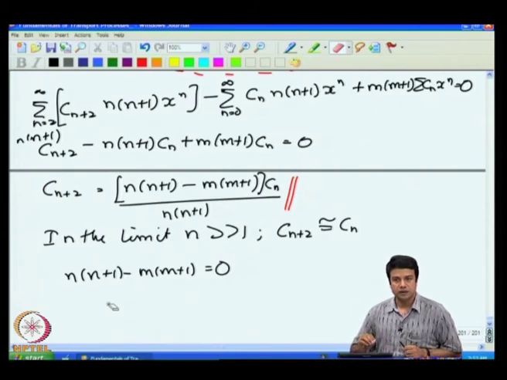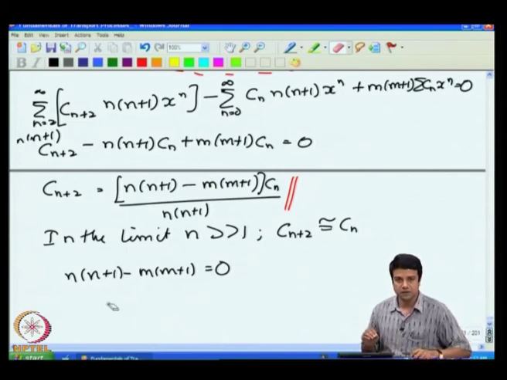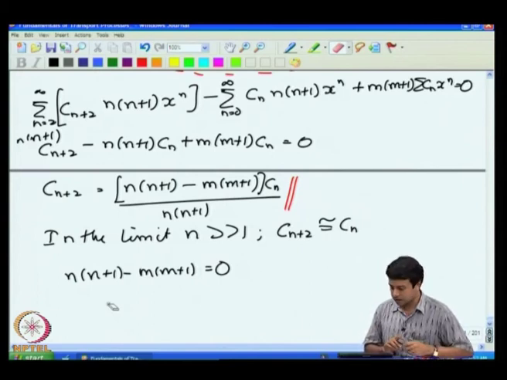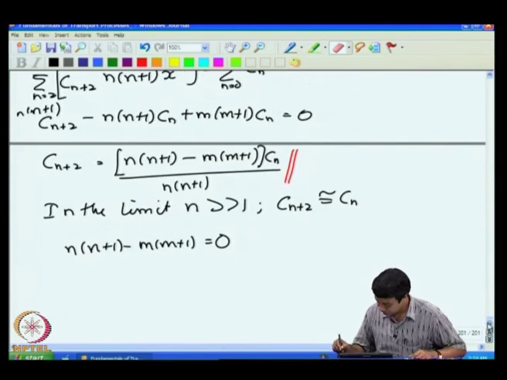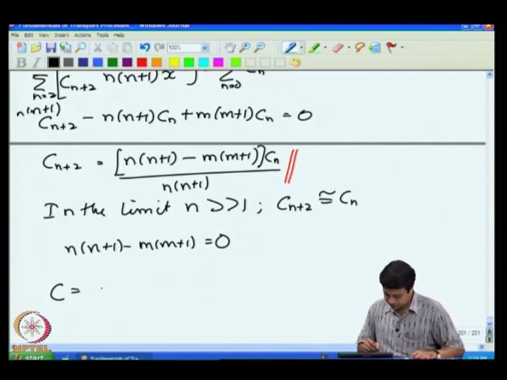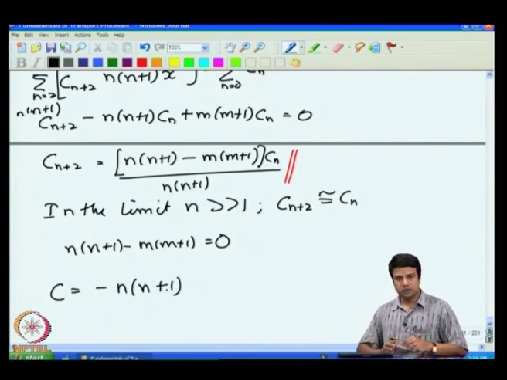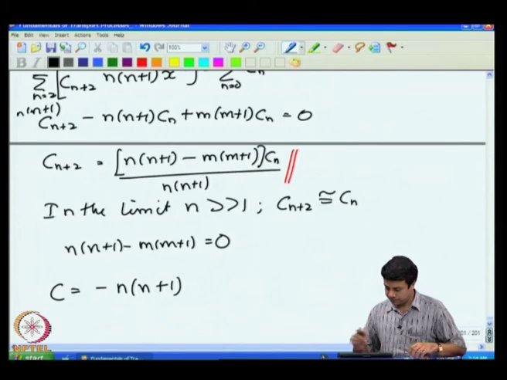Therefore, the requirement that the series has to be finite itself gives you an integer value for the constant in the theta direction. Therefore, this implies that this constant that I had earlier, C, has to be equal to minus integer n into n plus 1, where n is an integer.